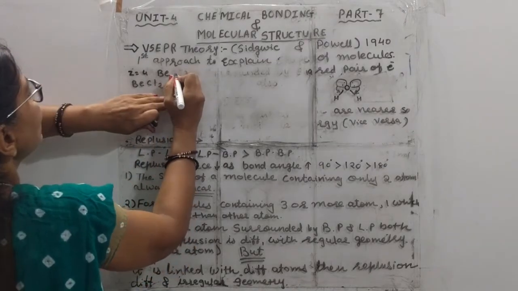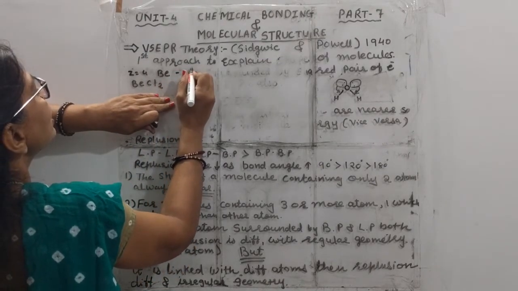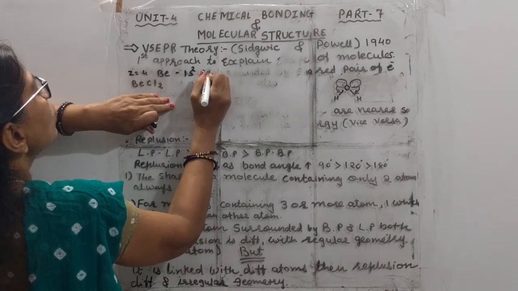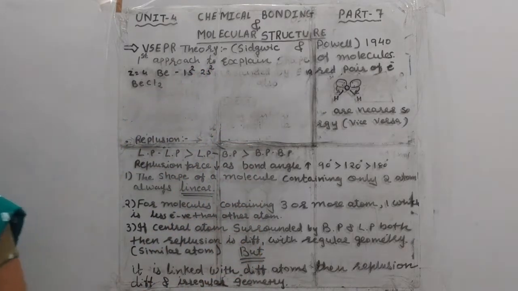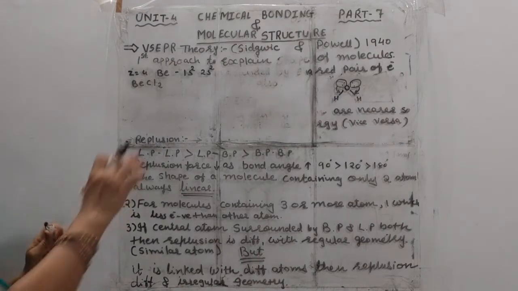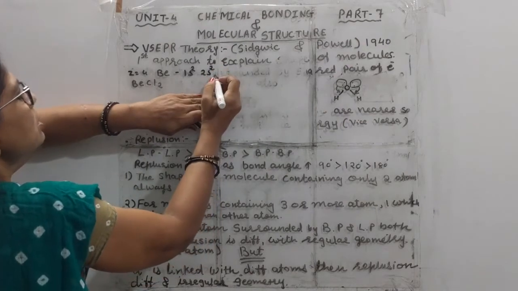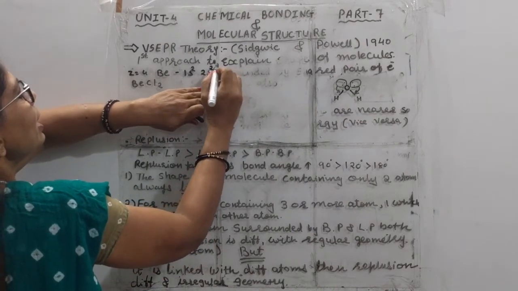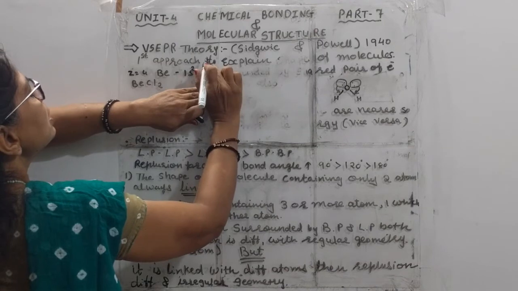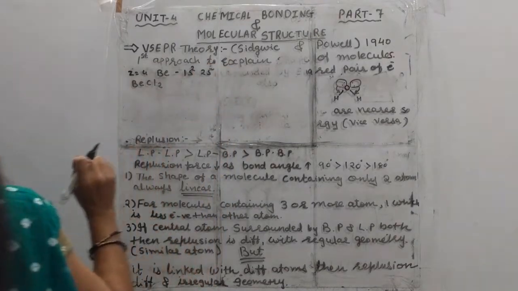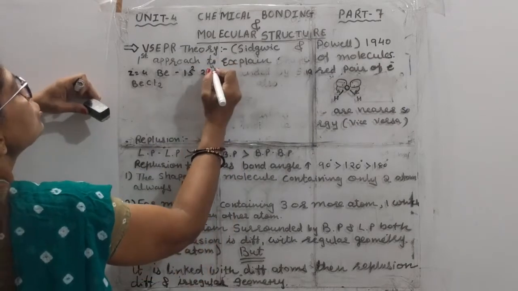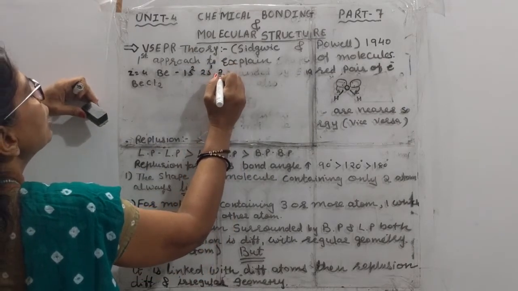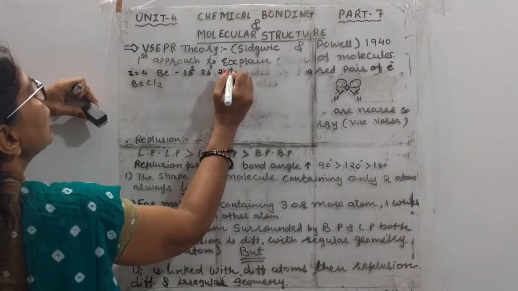So BeCl2, Be is having 4, 1s2, 2s2. Now here, what is the hybridization? That also you know. Here it is having the sp hybridization, because this is a ground state. In excited state, this 2s1 comes to the 2px1.